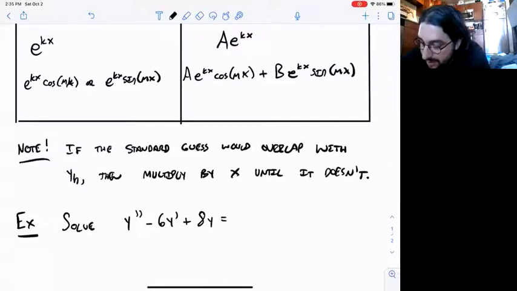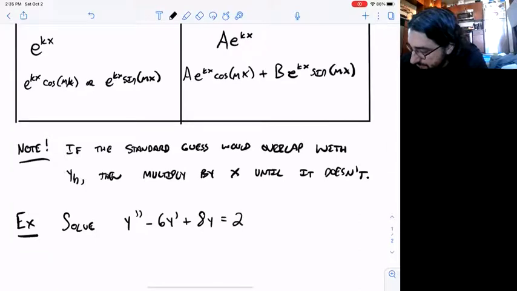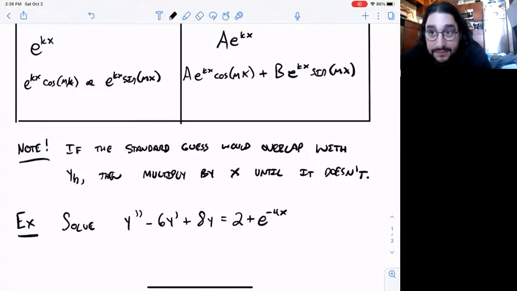I have y double prime minus 6y prime plus 8y, and on the right hand side we have 2 plus e to the minus 4x. So this is our non-homogeneous linear differential equation that we're trying to solve.